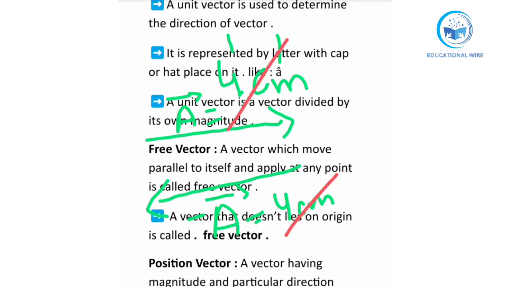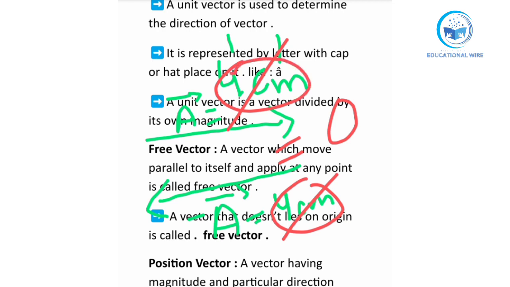They will cancel out, the answer will be 0. So this definition says that vectors having same magnitude but opposite directions, with or without magnitude and particular direction, are called a null or zero vector.